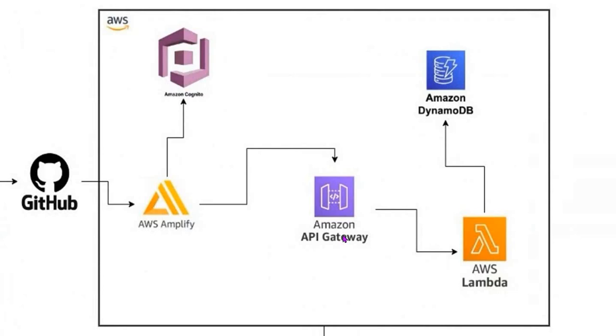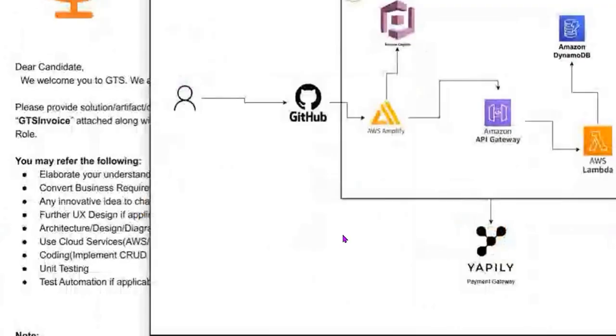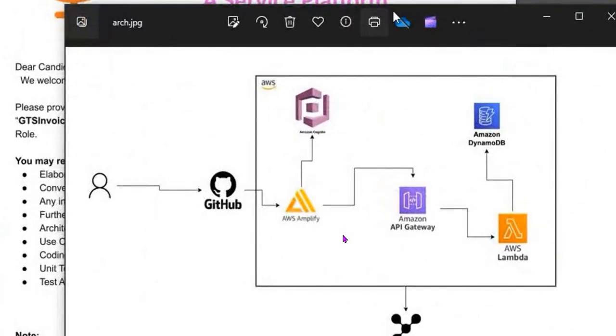Sir, for API calling, I have used Postman to demonstrate how we will fetch data from our database. And like I have told you, whenever a user logs into our application, the only functionality the end user has is to fetch data from DynamoDB.